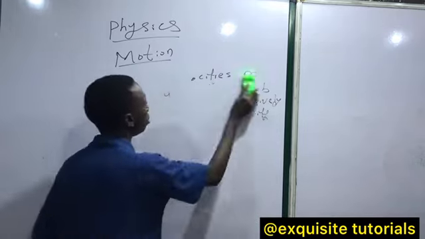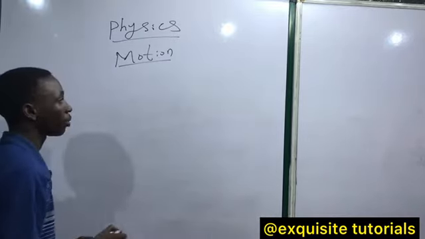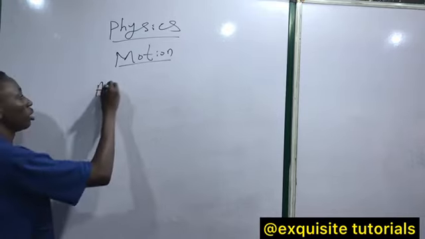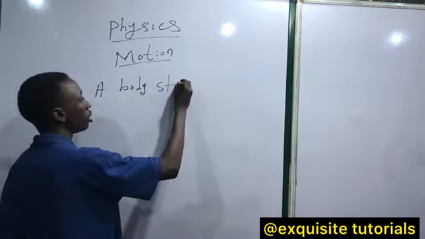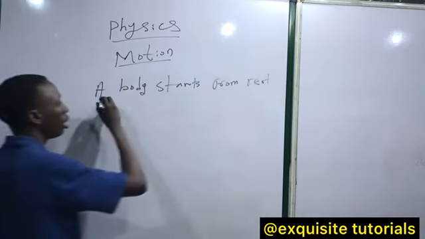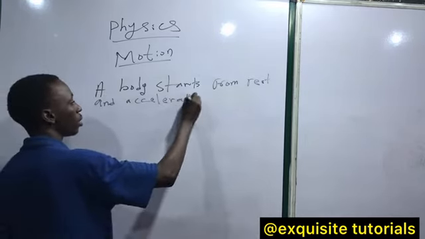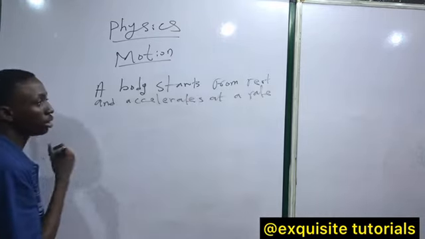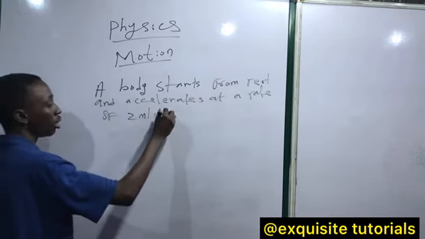Let's say we have a concept like: a body starts from rest and accelerates at a rate of 2 meters per second square.